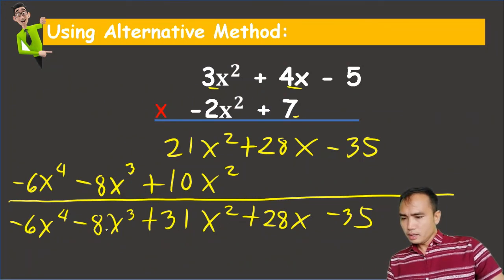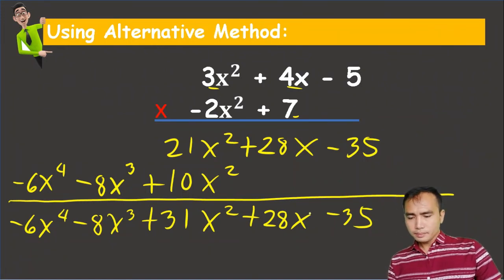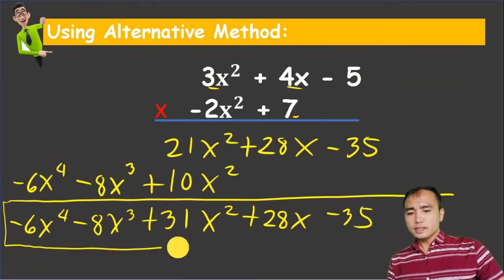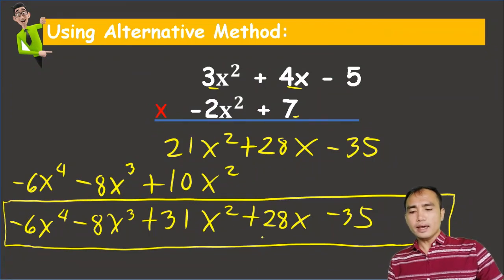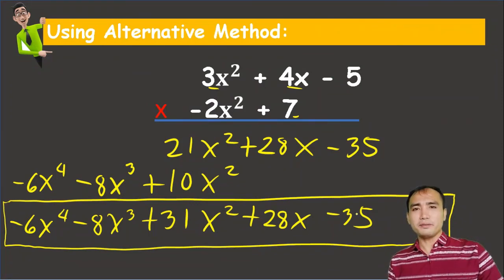So we have here the exponent or the power 4, 3, and then 2, 1, then the constant number. So as you can observe, we don't have like terms. Therefore, this is our final answer: negative 6x to the power of 4 minus 8x cubed plus 31x squared plus 28x minus 35.